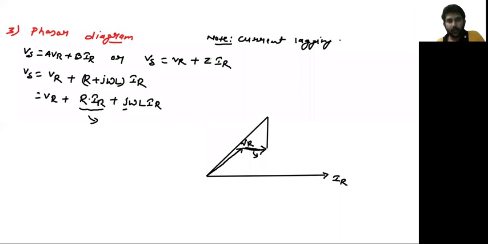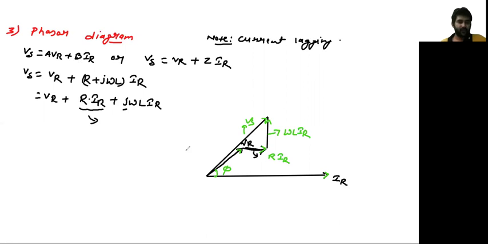Now let me denote every point. This is your omega L IR. This is your R IR. This is your Vs. So this is the phasor diagram that we got, and we know the phase angle between voltage and current is the power factor angle phi.